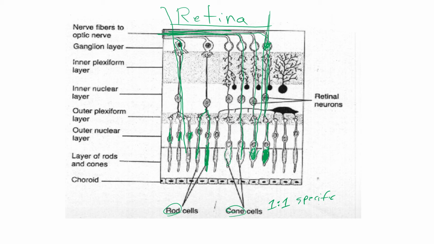So when the brain gets this message, it could have been from this one or that one or that one. And I've seen some with 5, 6, 7, 8 rods attached to it. So the rods, it's not as specific vision. And notice with us, we see in color, so we're using our cones a whole lot. It's extremely specific vision, 1-to-1 ratio.